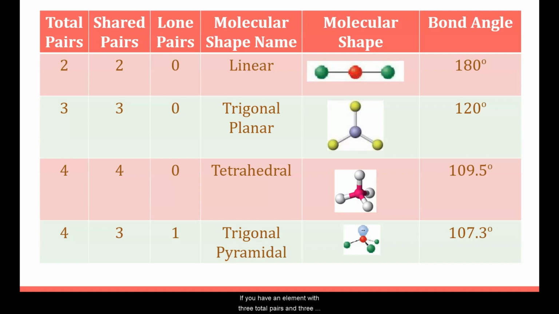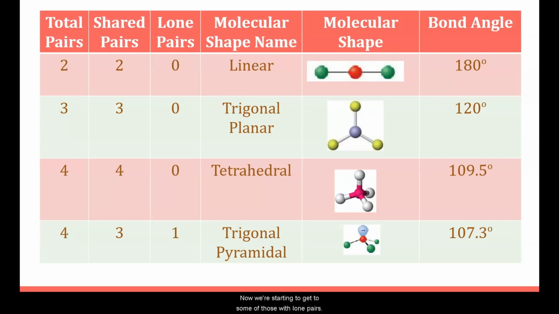If you have an element with 3 total pairs and 3 shared pairs, it's going to be called trigonal planar, and it's kind of going to look like a little V with a straight line on top, and the bond angle is going to be 120 degrees. If you have 4 total pairs and 4 shared pairs, and again, we don't have any lone pairs yet, it's going to be tetrahedral. And it's going to have a bond angle of 109.5 degrees, and it's going to kind of look like it's sitting on a tripod with something straight sticking up.